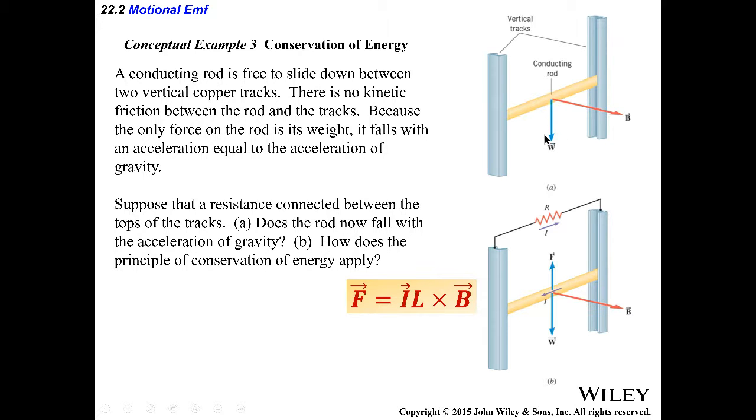But if they are moving downward, there is a force on these charges, which is v cross B, and B is out of the board. Therefore, the force is to the left, and the current will flow in this direction. But once there is a current this way, then this force law comes into effect.